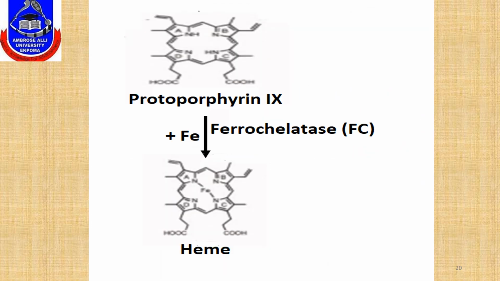The last reaction here is protoporphyrin 9 being acted upon by ferrochelatase. That is the enzyme that catalyzes the addition of ferrous ion into the heme molecule, and the result is heme.